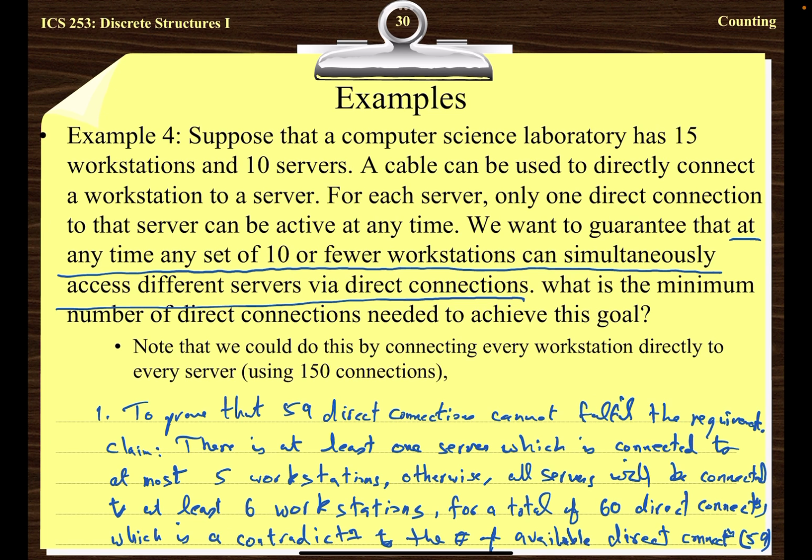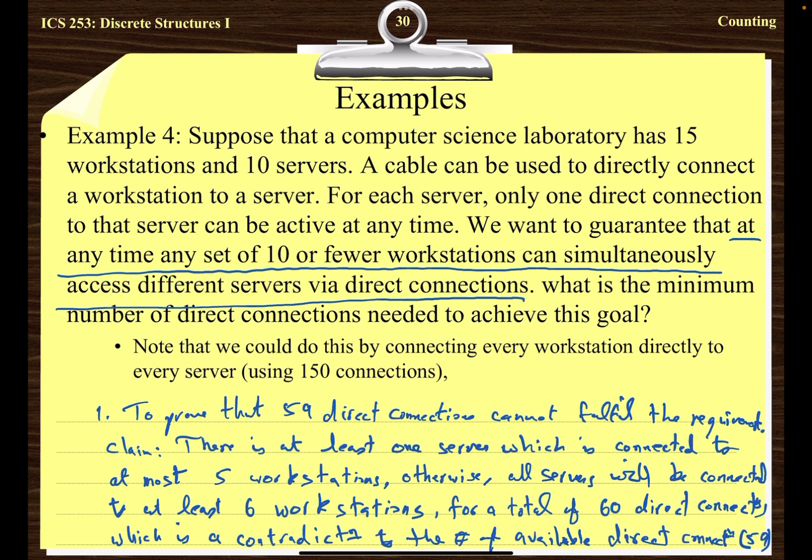If you say that this is not right, the claim that there is at least one server that is connected to at most 5 workstations, the negation is that all servers are connected to at least 6. So if all servers are connected to at least 6, then how many do I have? 10 multiplied by 6 is 60, but I have 59. Clear? So do you agree about the claim?